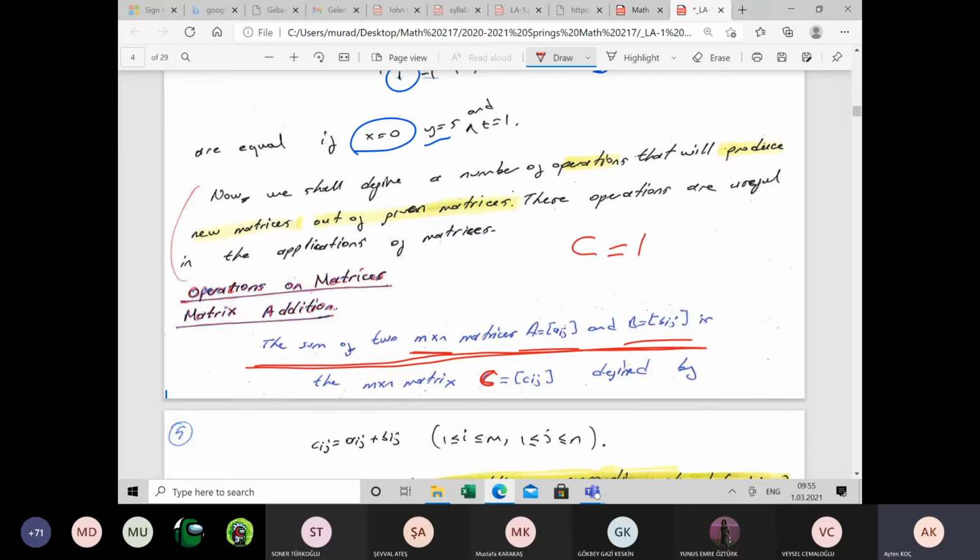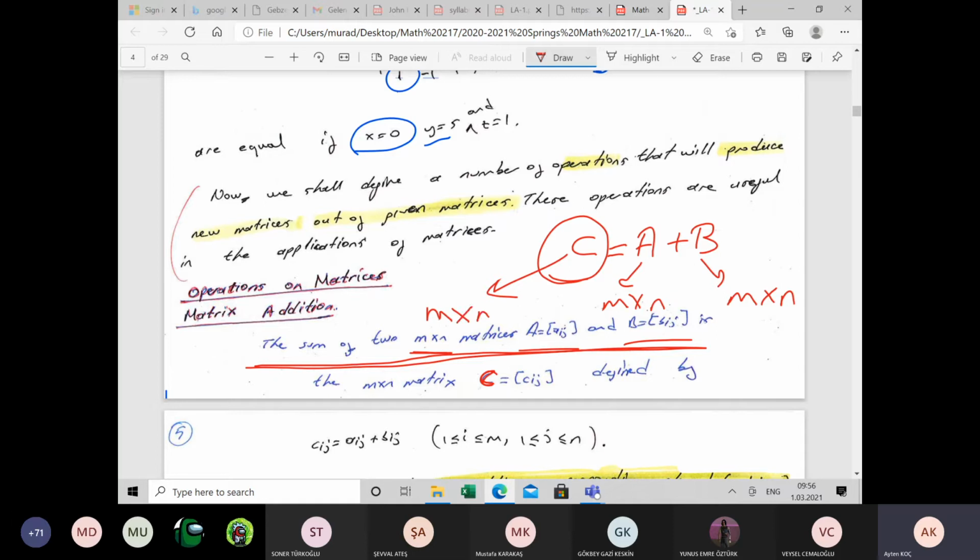Let's define C. From matrices A and B we obtain the matrix C. So how do we determine C? First of all, you have to give the row and column dimensions of this matrix. If A is m by n and B is m by n, then C should be m by n.